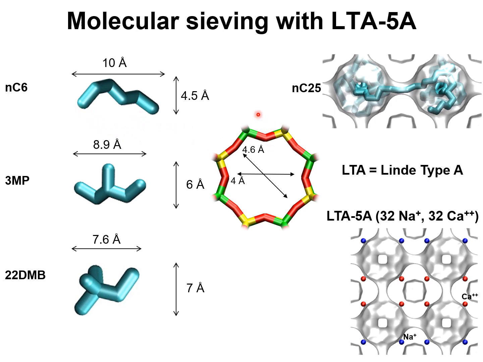If we use an adsorbent such as LTA5A zeolite, LTA stands for Linde type A, and LTA5A zeolite contains 32 sodium cations per unit cell and 32 calcium cations per unit cell.